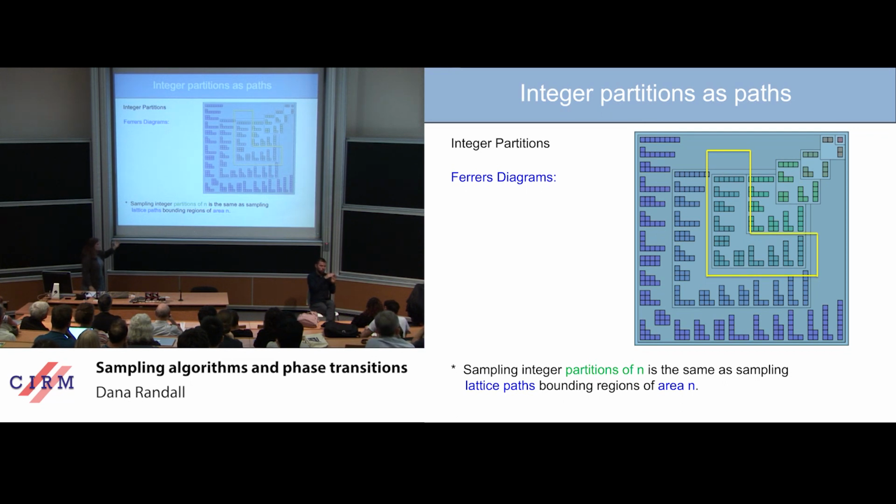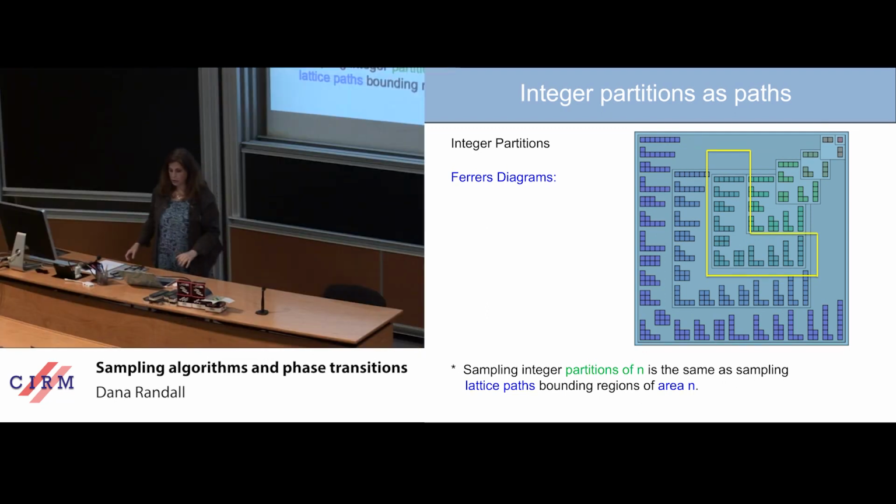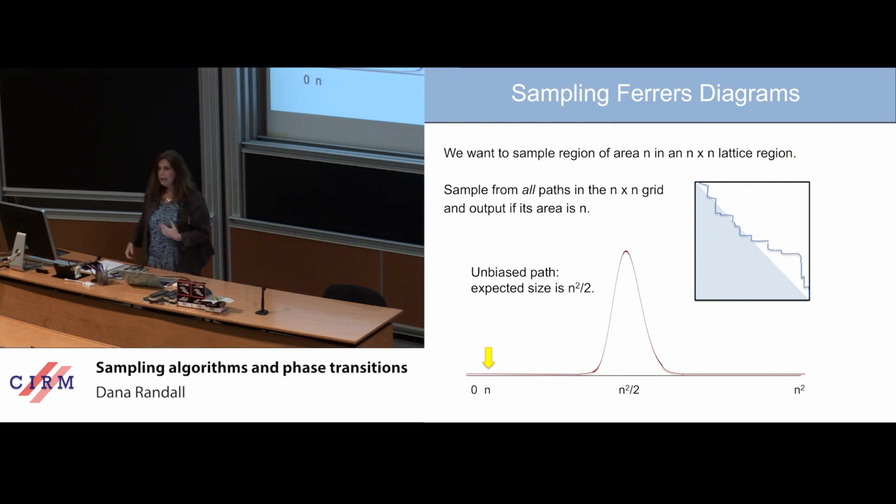And sampling integer partitions is the same as sampling paths with a fixed area underneath, and that's what I'm going to try to do. Okay? So, well, I know how to sample lattice paths. So all of them are equally likely. So if I get one with area n, all of the paths with area n are equally likely.